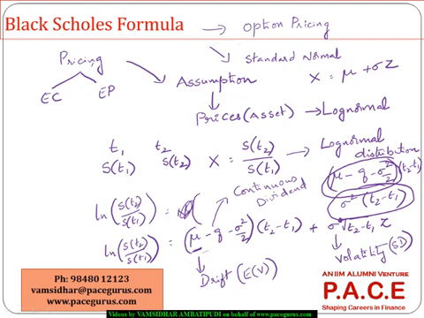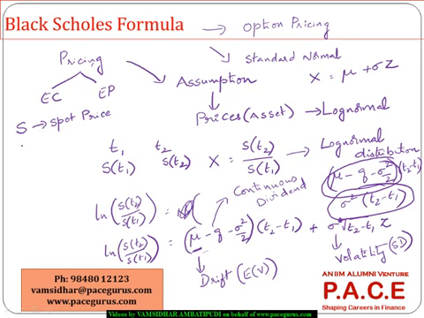So once we know these are the scenarios, whenever I am using the Black-Scholes formula to do the pricing of the option, we are using, one, the spot price of the security or the asset, which is the current price.